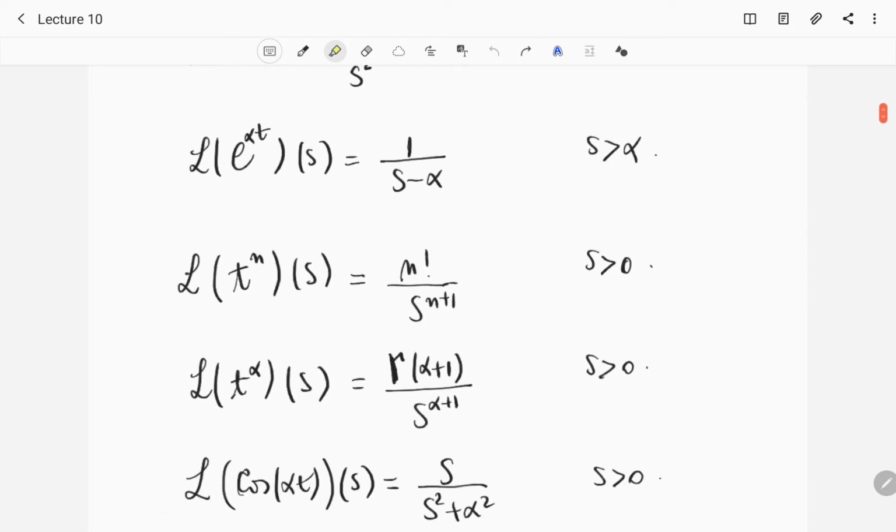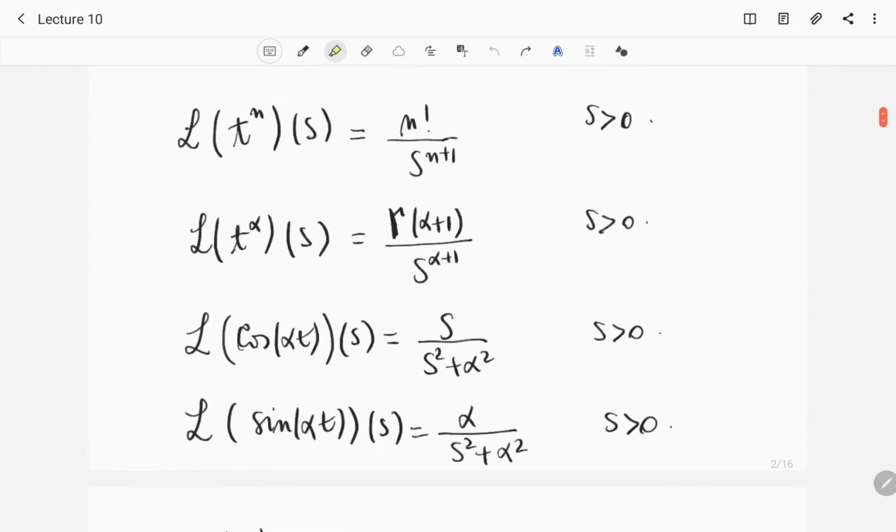And a power of t, we used the gamma function to compute this Laplace transform last lecture. And a bit more general, for any alpha greater than minus 1, we have this Laplace transform.